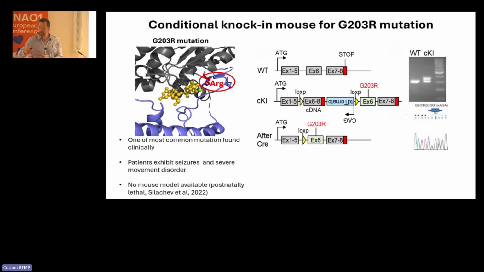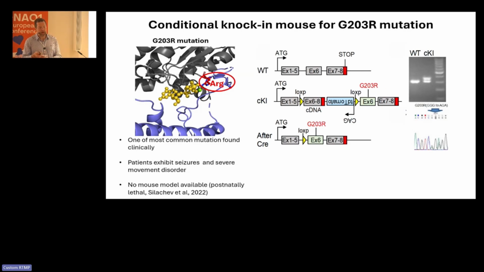So our approach was the following. We introduced the mutation G203R in exon 6, but we also put in a cassette, a conditional allele that contains a normal sequence of GNAO1 encoded by exons 6 to 8, flanked by LOXP sites.